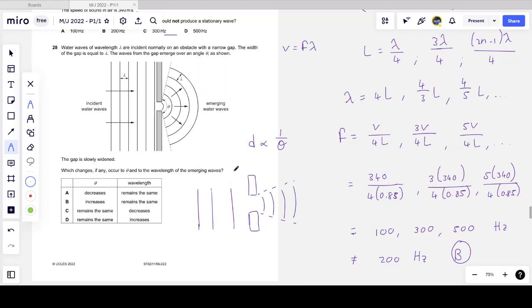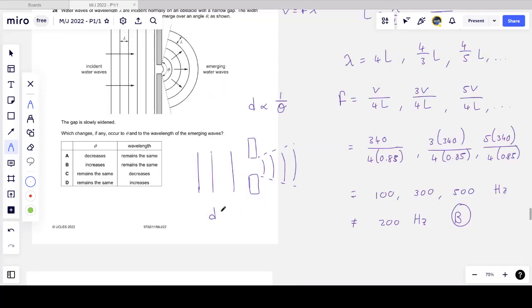And so if I increase the width of the gap, then I decrease the angle theta. So that's going to correspond to only option A. I could immediately go to option A, but let's make sure that this stands firm.